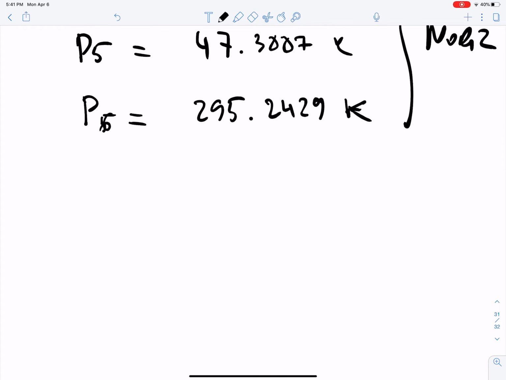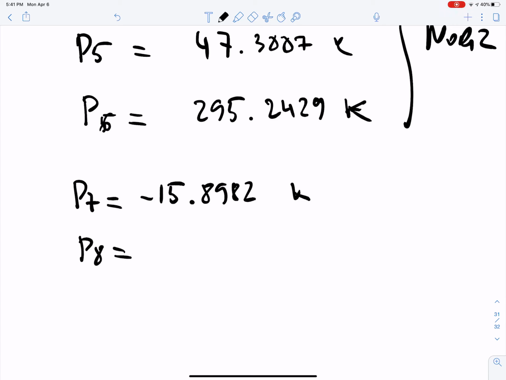And then at node 3, you find that P7 is minus 15.8982 kilopounds.